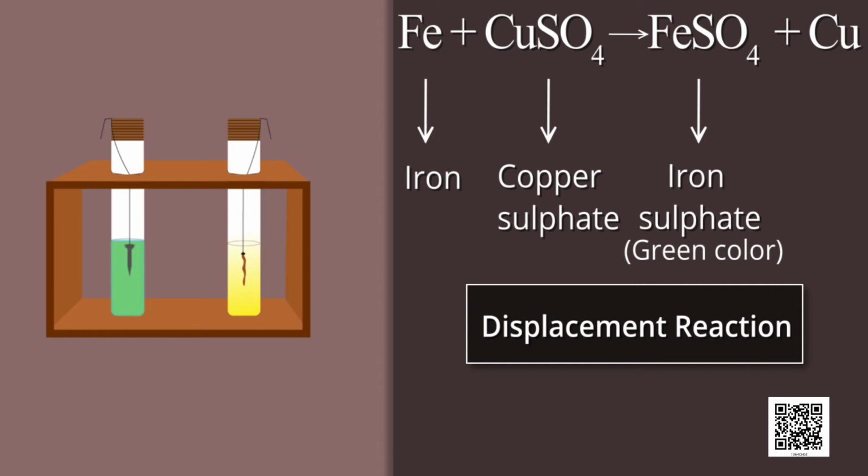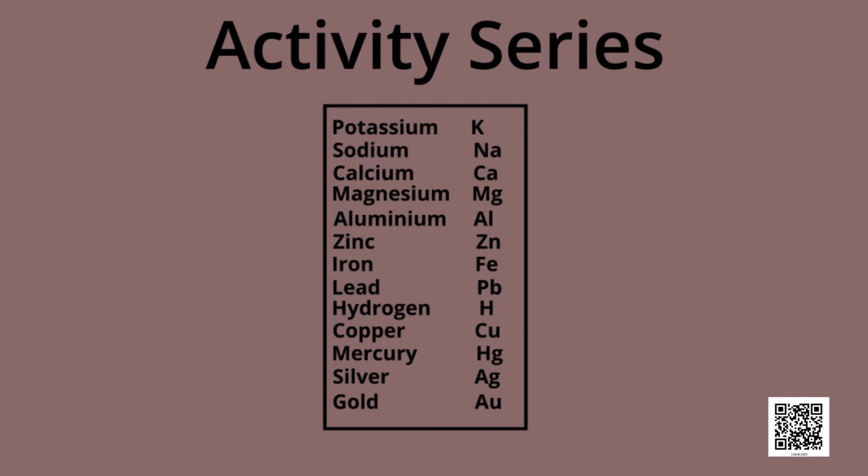Now, dear students, let's understand about the activity series. It is a series of metals which is used to study the comparative reactivity of metals. It may be defined as the arrangement of different metals in a vertical column in order of decreasing reactivity of the metals.